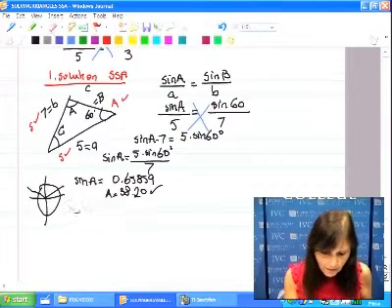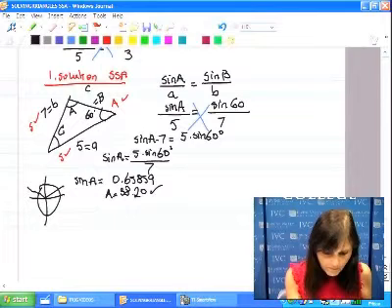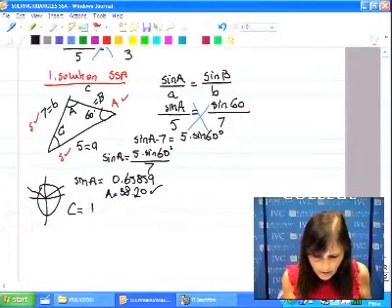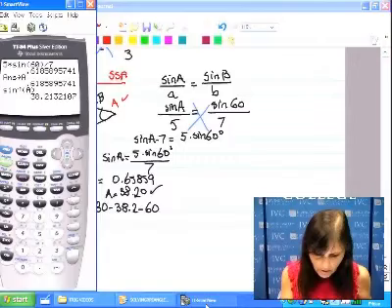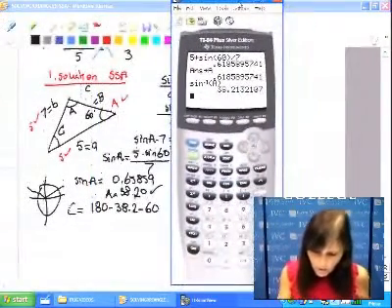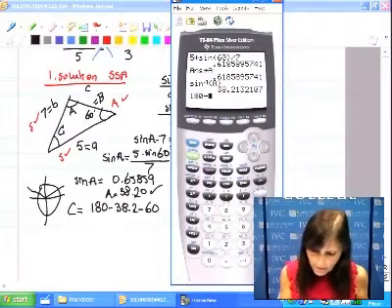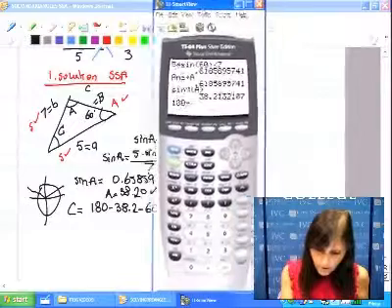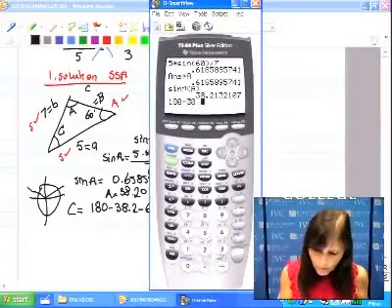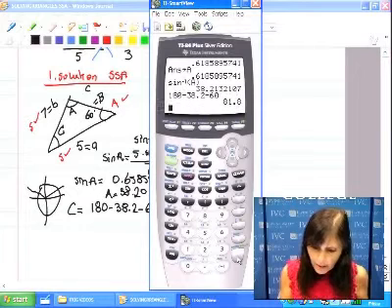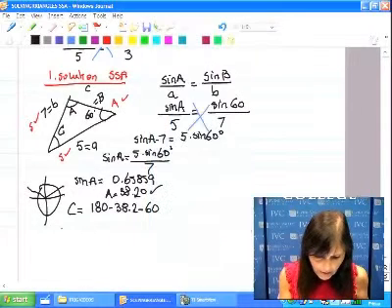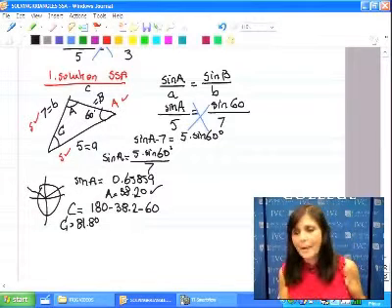So I can get the C. Then C is going to be 180 minus 38.2 minus 60, and that gives me 81.8, which also makes sense.